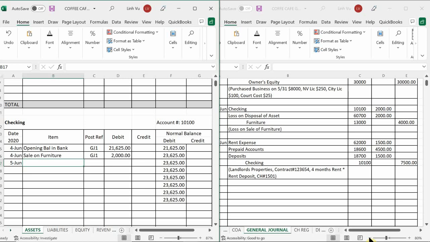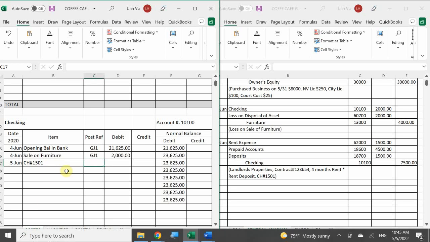So in this case, I just wrote a check out, check number 1501, right? And you can always look up that check number and it's going to automatically tell you that you just paid landlord properties for rent. Okay? So general journal 1, right? And we just spent $7,500. So that's going to decrease my checking account.